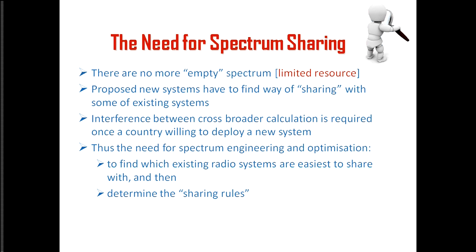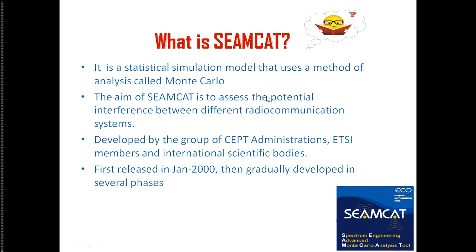For instance, Malaysia and Singapore want to do digital video broadcast, but we have a problem from Indonesia, which is still using analog broadcasting, so their systems interfere with the new systems. So when we have a spectrum, we need to identify what sharing rules we need. So what is SIMCAT?